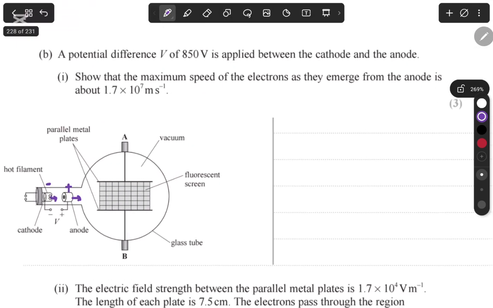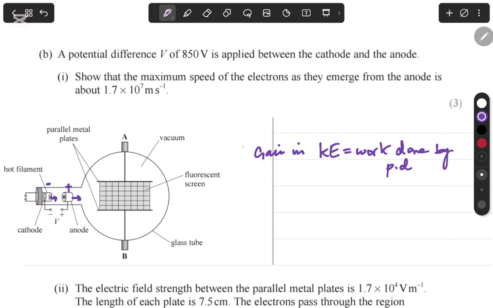So the gain in kinetic energy is going to be equal to the work done due to the potential difference. So gain in KE is equal to work done by PD, the potential difference. And now we can write the formulas. Half mv squared is equal to the potential difference times the charge on the electron.